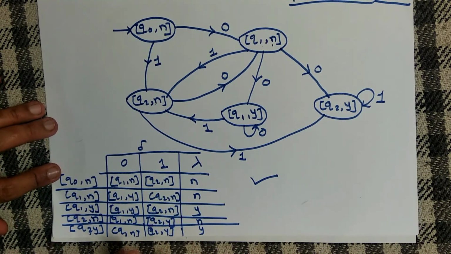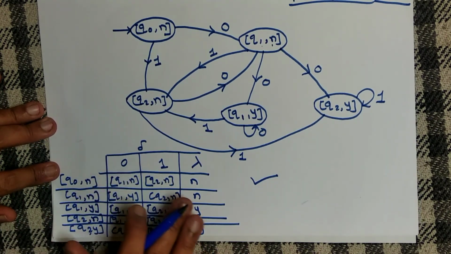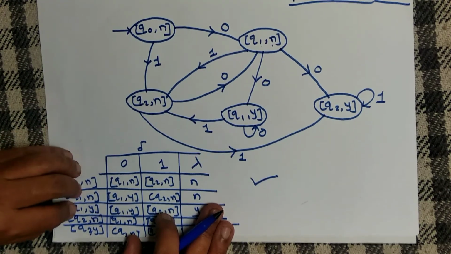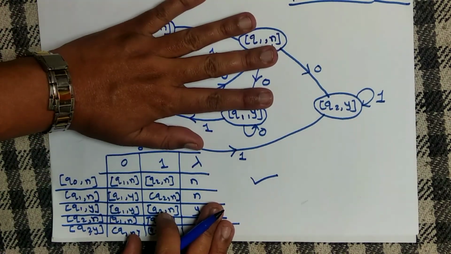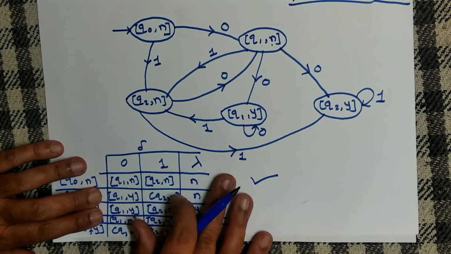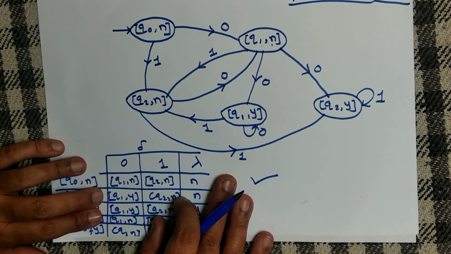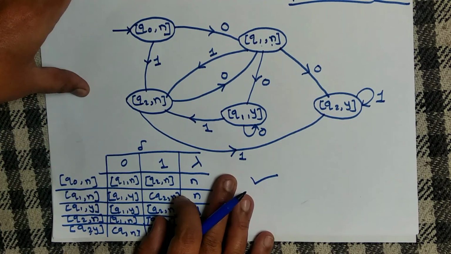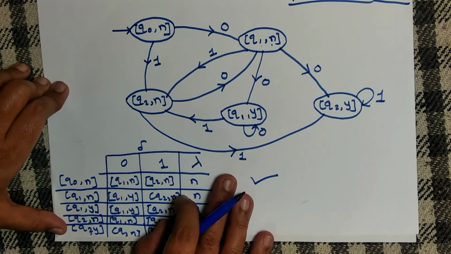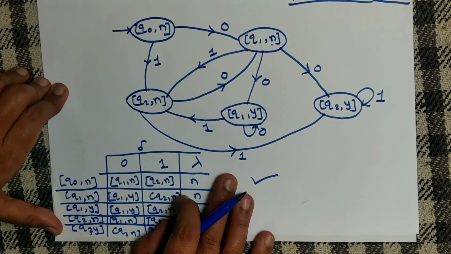It seems to be very complicated, but it's not too complicated. You have to write it very neatly, not like me. Just observe this diagram and put the contents into the given inputs and corresponding output. So the conversion of Mealy machine to Moore machine is a very simple concept. In the next series, we will solve the conversion of Moore machine to Mealy machine. Stay tuned with us. Thank you.